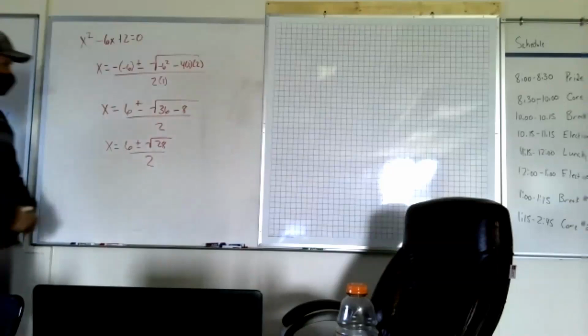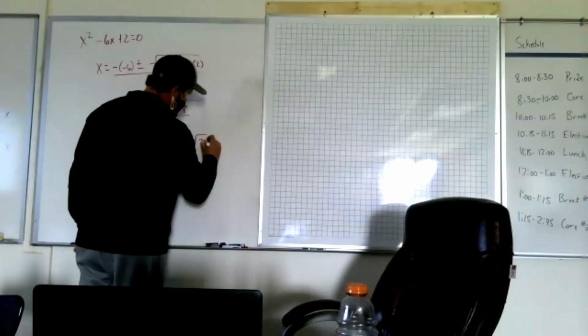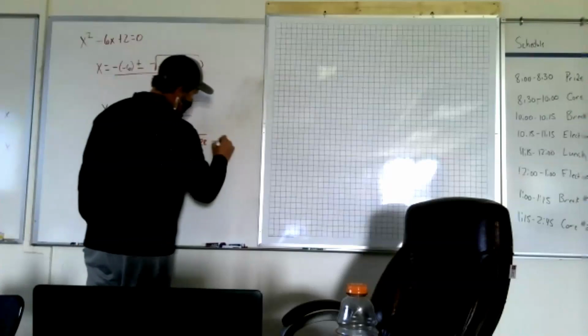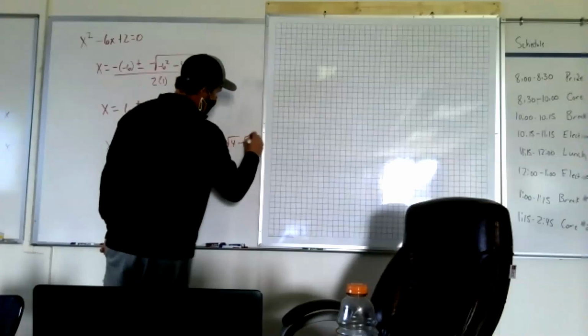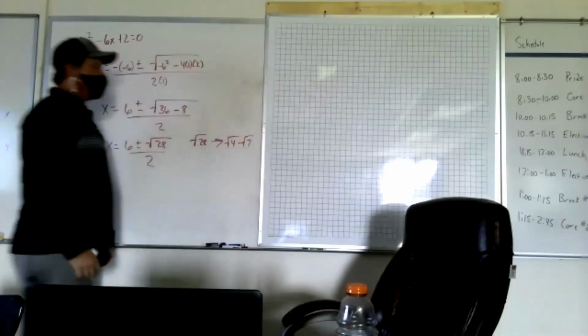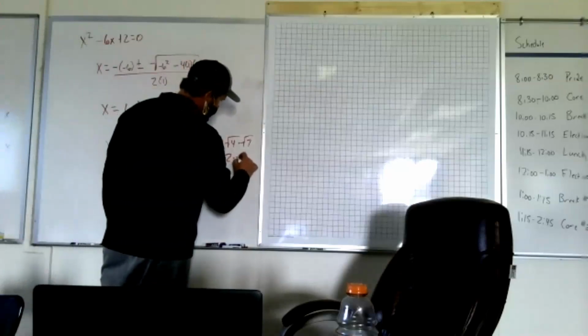So if you remember, the square root of 28, using the product property of radicals, can be split into the square root of 4 times the square root of 7. Okay, the square root of 4 is 2, and the square root of 7 has to stay.